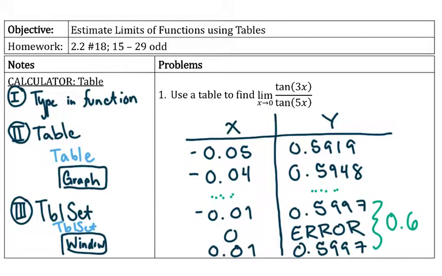Again, this does not always work out, it just happens to work out here. But you can use some of the logic here to say, well, the point doesn't exist, but the limit would be 0.6. Now, some of your calculators might even fill this in for you because they are intelligent enough to know that, but you can't actually plug in 0 here, and that's just an important thing to note.